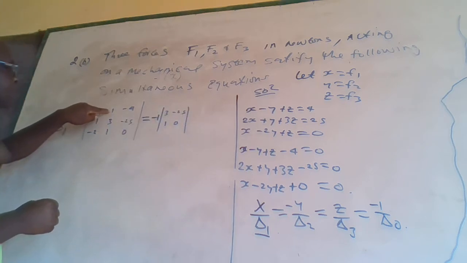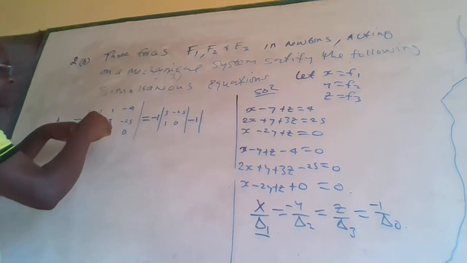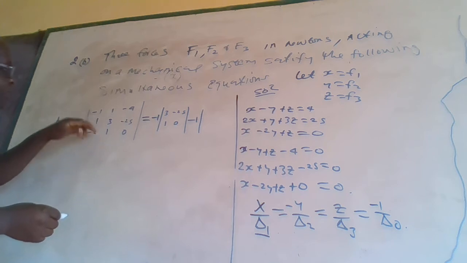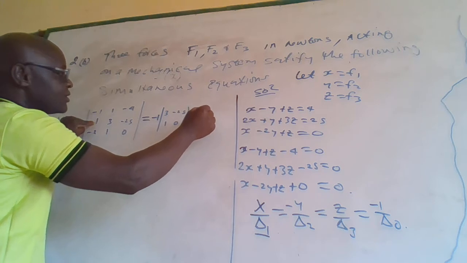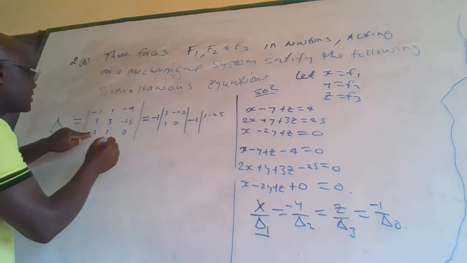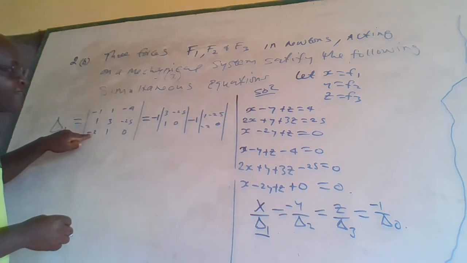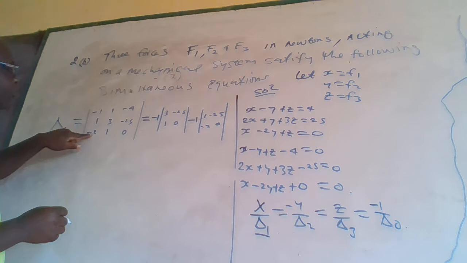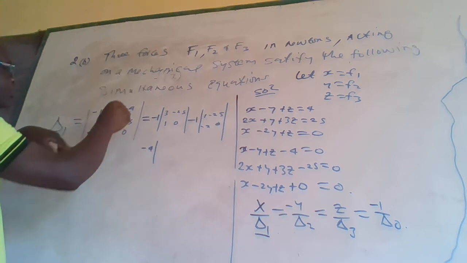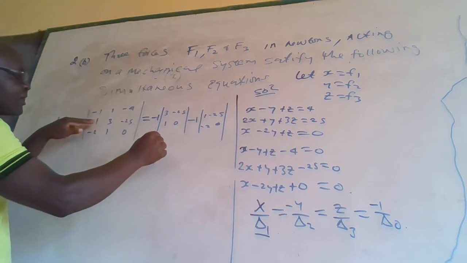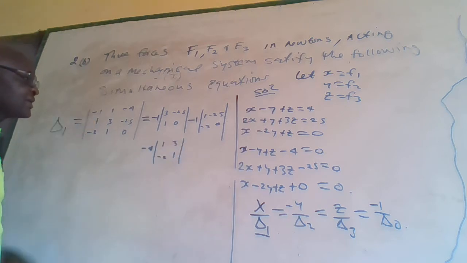Then of course minus 1, on this second element, we block this column and this row, so we remain with 1, negative 25, 1, 0. Lastly, it will be minus 4 into, block this column and this row, so we have 1, 3, and then negative 2, and then 1.